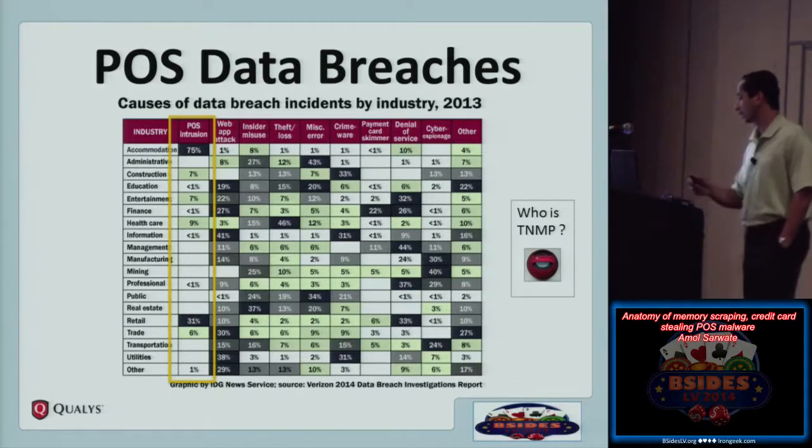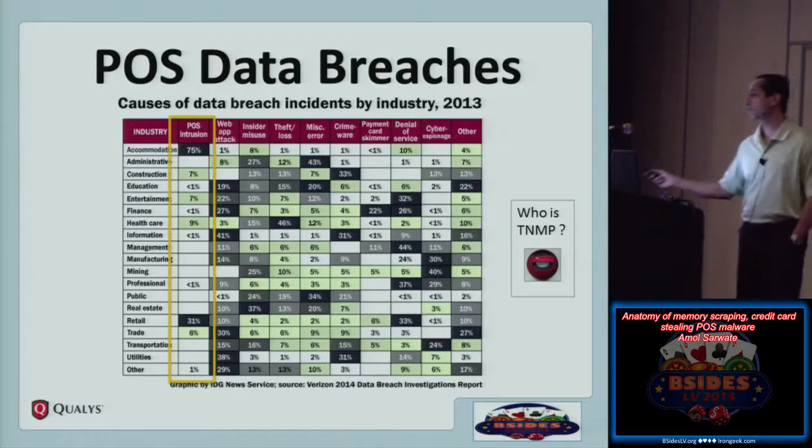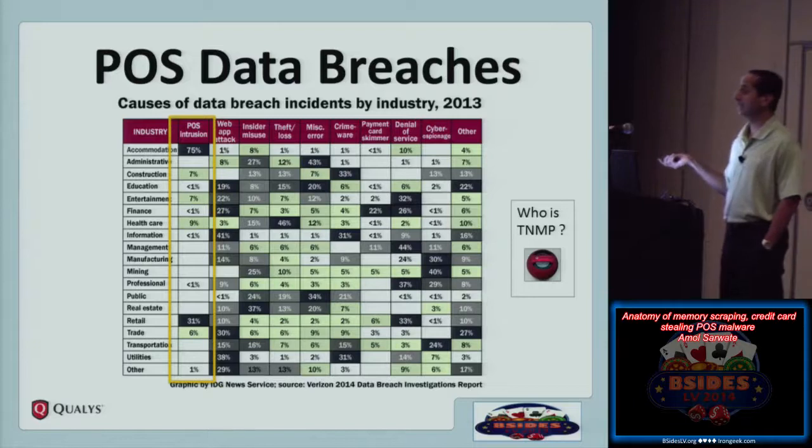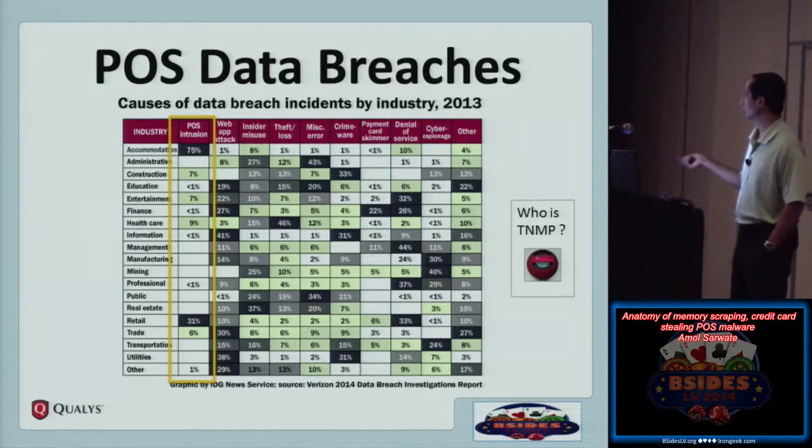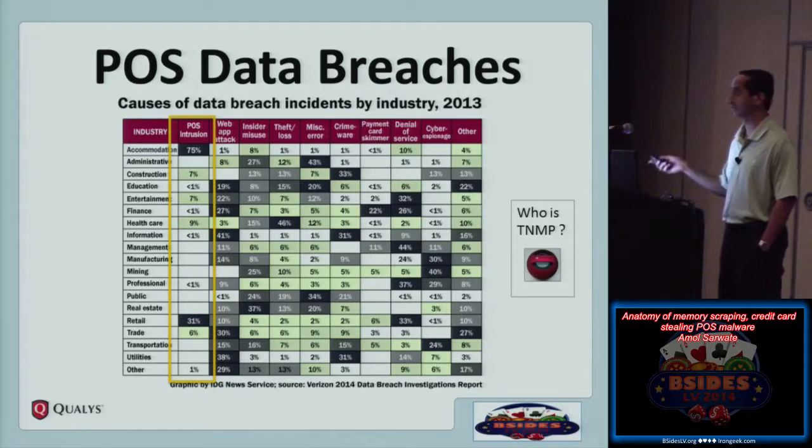If you see, about 75% of the accommodation industry, so basically hotels, had their data breach due to POS systems. So this first column is the data breaches in POS systems. You have the retail industry, which had 31% of their data breach or credit card theft due to POS systems.